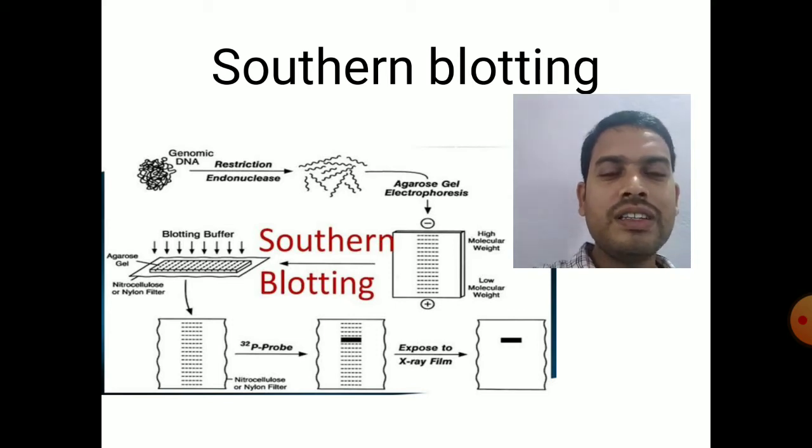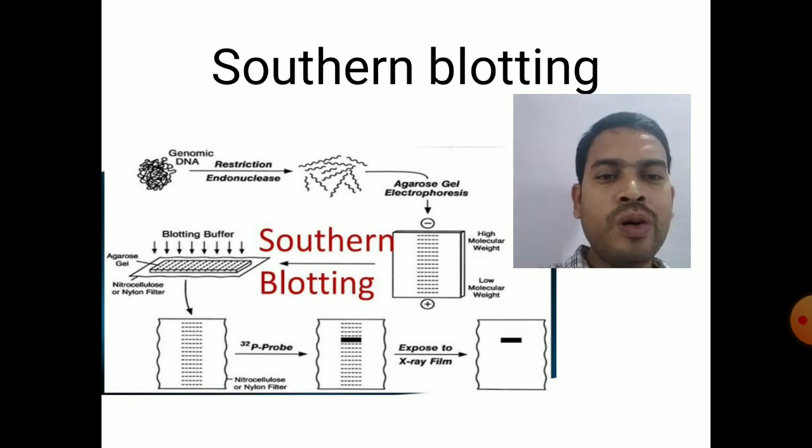Probes are short nucleotide sequences which are labeled. Generally, these probes are of two types, either enzyme labeled or radio labeled. If you are using a probe which is enzyme labeled, then you will use a substrate which is changed into a colored product that can be viewed directly on the nitrocellulose membrane.